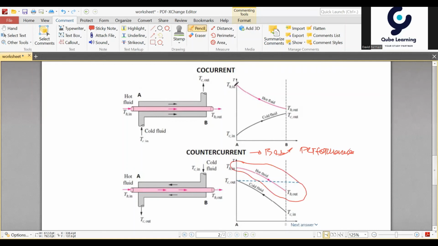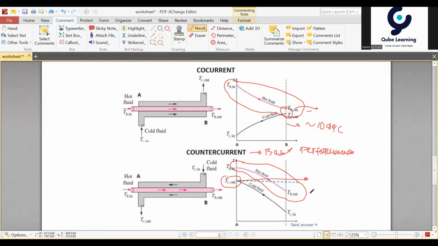If we compare it to the co-current, the TH out will not be lower than the TC out, because normally the temperature differential is 10 degrees C, and as you can see for the counter-current, the TC out can be higher than the TH out.